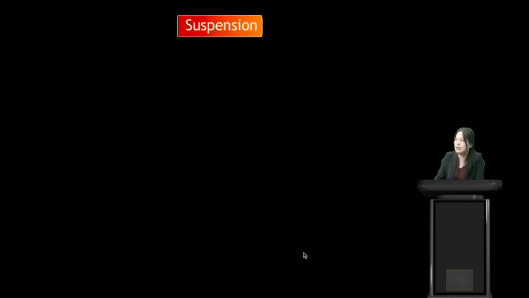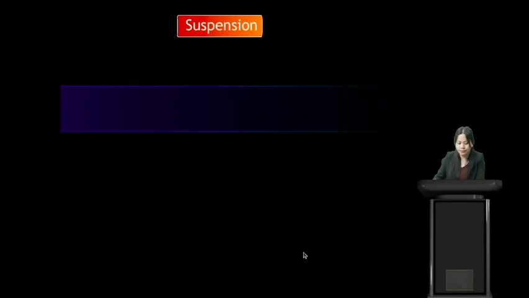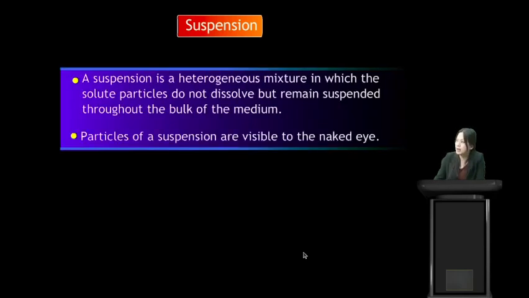So what is suspension? Let us see. A suspension is a heterogeneous mixture in which the solute particles do not dissolve but remain suspended throughout the bulk of the medium. Particles of a suspension are visible to the naked eye. Taking the example of wheat flour or atta, when you mix atta with water, it does not dissolve.